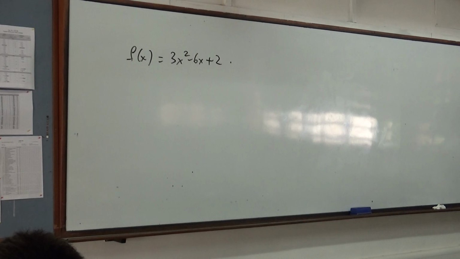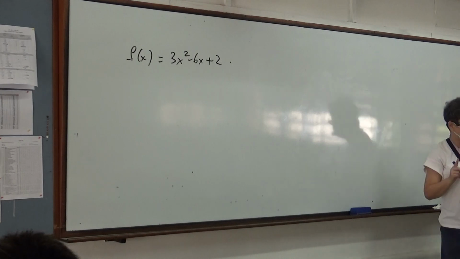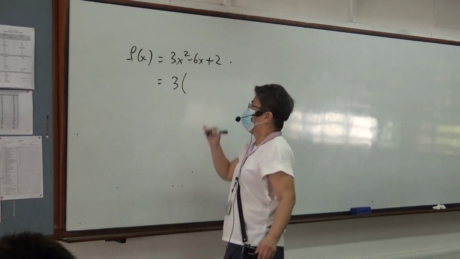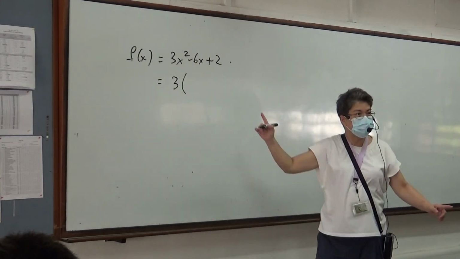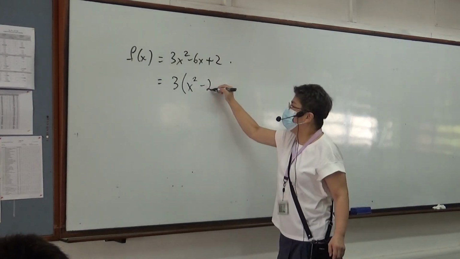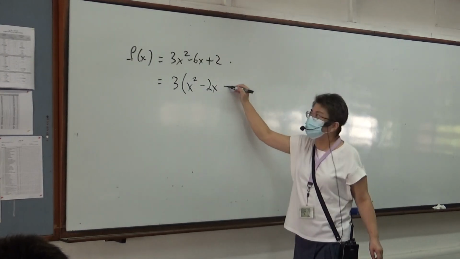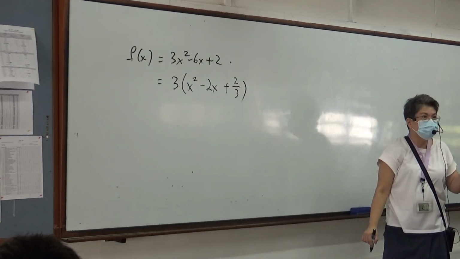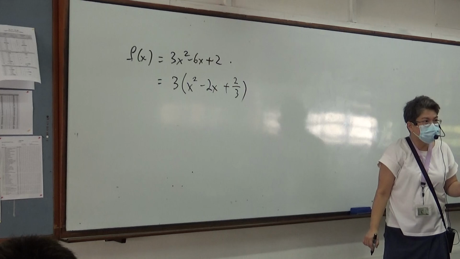No such thing as divide by 3. But I can take out a common factor of 3, right? What is that? Tell me. x squared minus 2x plus 2 over 3, right? You must do this. Do you understand?